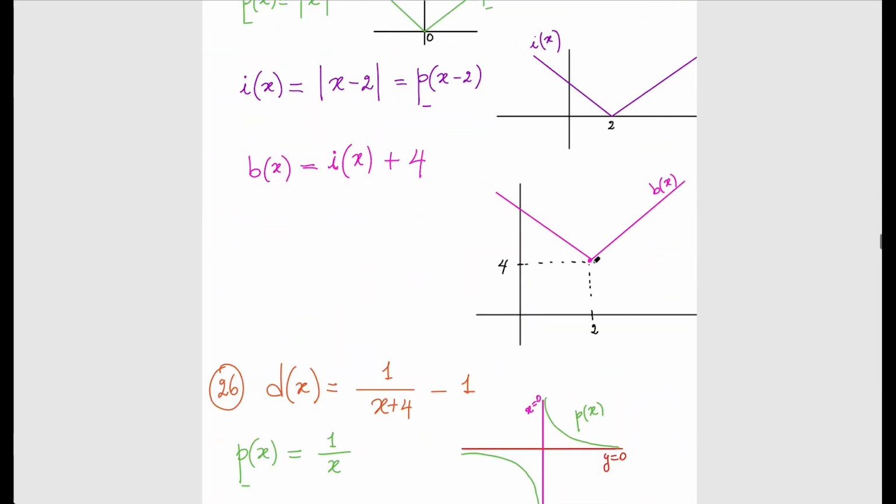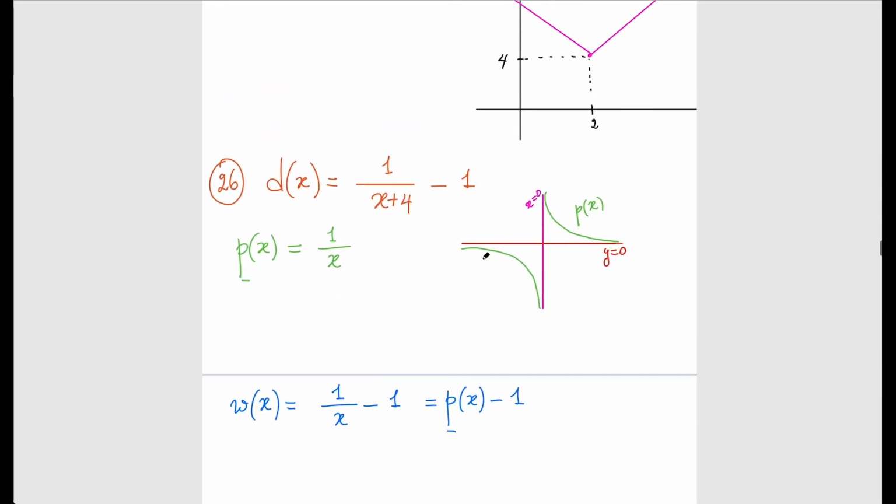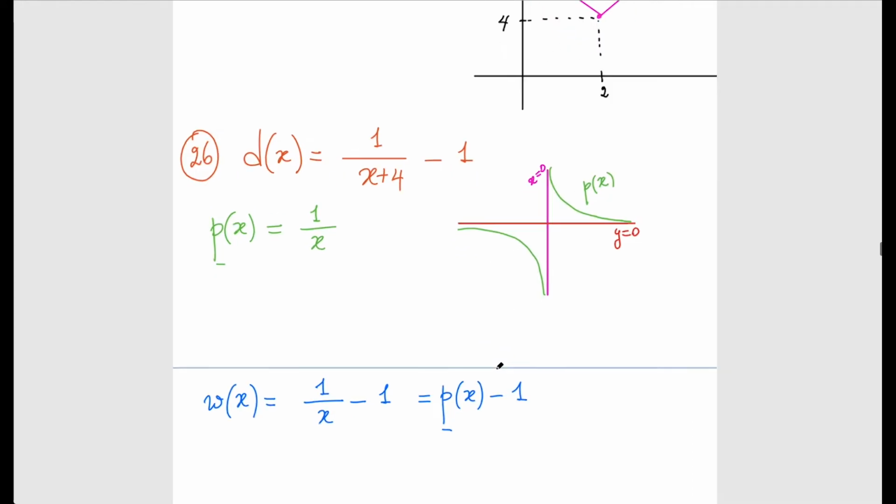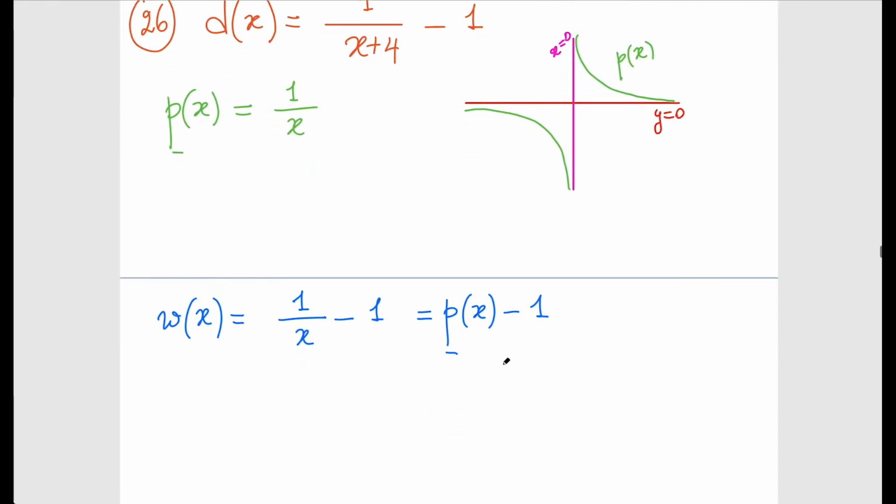So I'm going to take that reciprocal function and shift it downward by 1 unit. Shifting it down by 1 unit, we discussed above, amounts to shifting that horizontal asymptote down by 1.